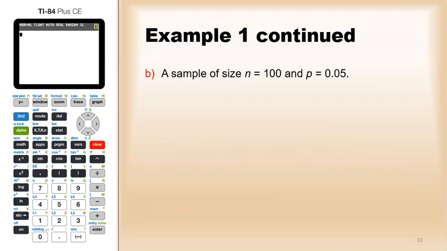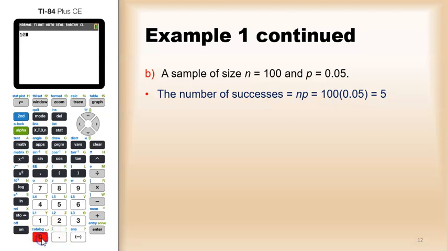Suppose the sample size was 100, so technically a much larger sample, but the probability of success is a lot lower at 0.05. The number of successes, 100 times 0.05, put that in our calculator, comes out to be 5.